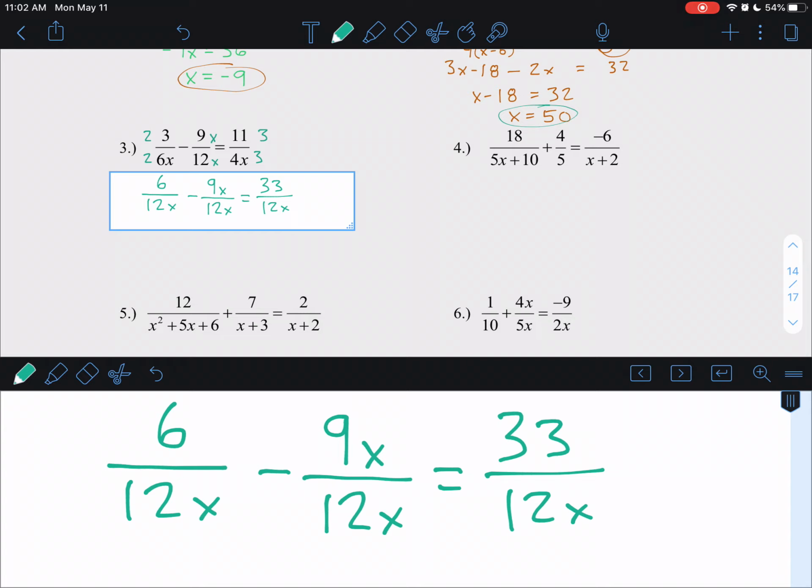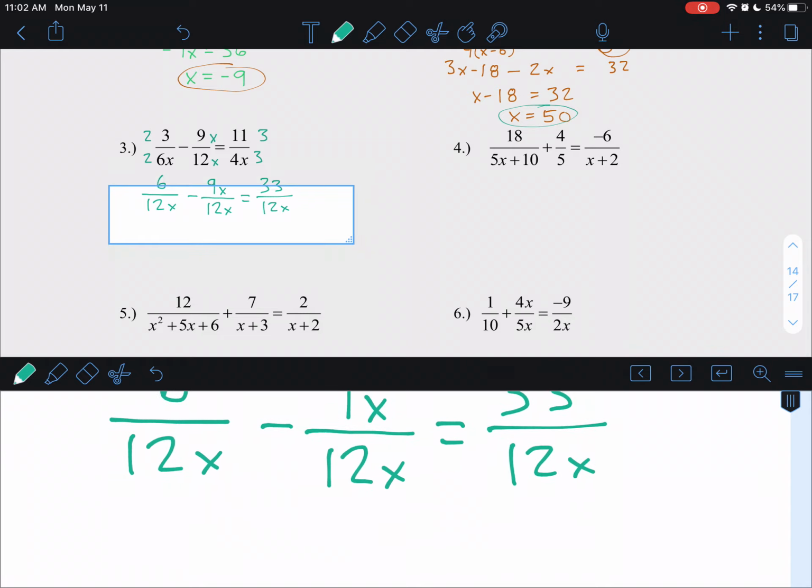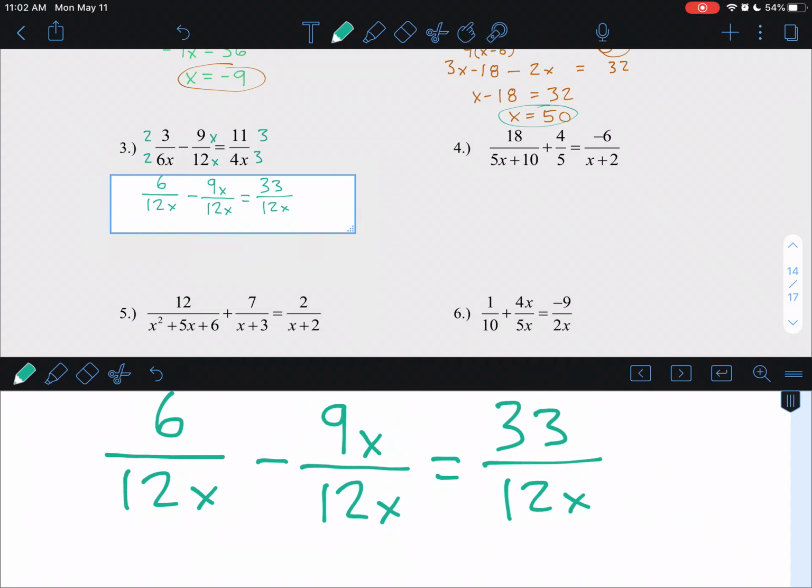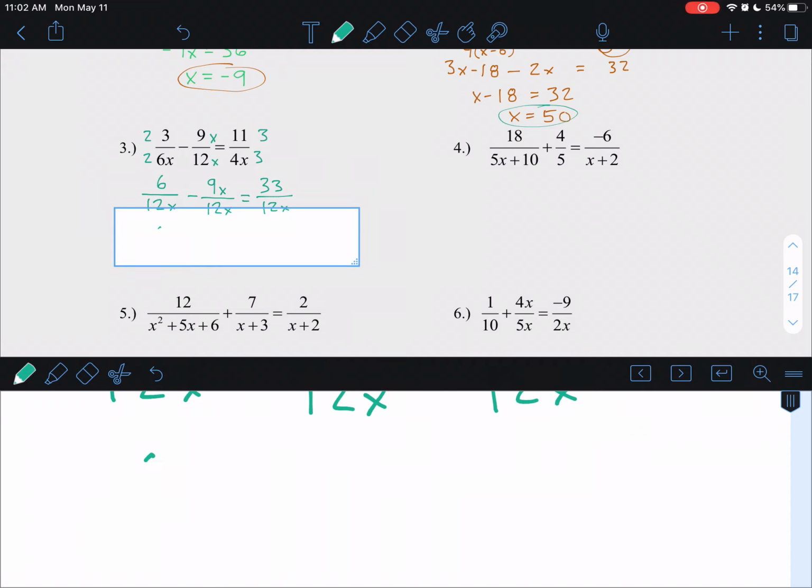And now all three of these have the same denominator, so I can get rid of that denominator. If I do that, that gives me just 6 minus 9x equals 33.